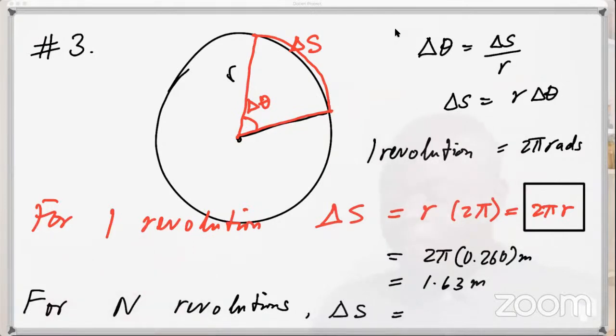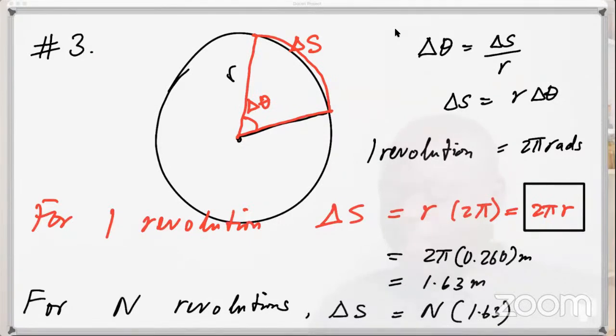We know that for one revolution, the distance covered is 1.63. If the tire rotated, let's say 10 times, what would be the distance? 16.3. 10 times the distance for one revolution, right? One revolution is 1.63. If it rotates 10 times, then 10 times the distance. If it rotates n times, then the distance will be n times 1.63.